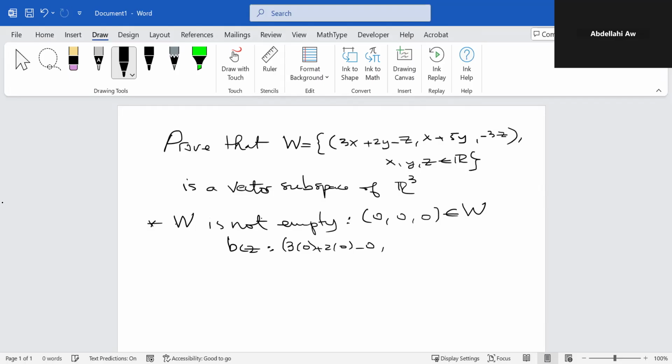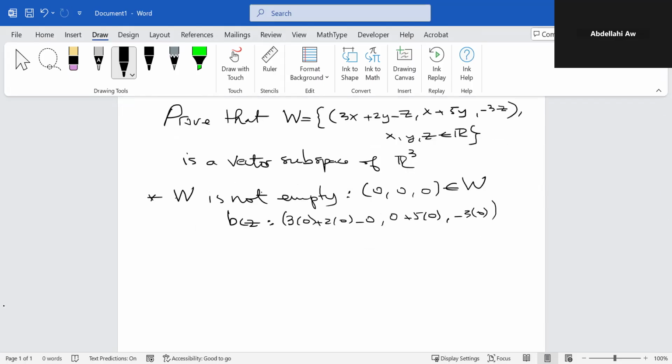X, Y and Z are all zeros. Then 0 plus 5 times 0, and then negative 3 times 0. So you see, that is of the form of any given element of W. That means W isn't empty.